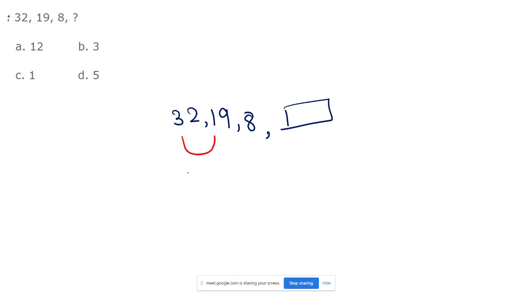Pattern is up. यहाँ पर देखो -13 हुआ, 32 minus 13 is 19, 19 minus 11 is 8. So 13, 11, next number क्या लेना चाहिए? अगर आप इसको ऑड नंबर सोचते हो तो नेक्स्ट ऑड नंबर -9 होना चाहिए था, बट -9 करने पर कोई भी ऐसा ऑप्शन नहीं है. So 13, 11, the next number should be 7. That is nothing but the previous prime number. Hence the answer must be 1. Correct.